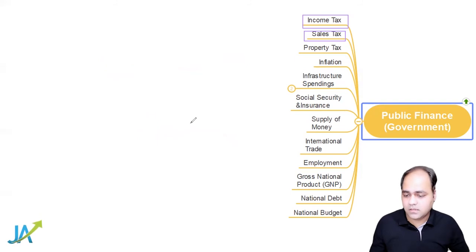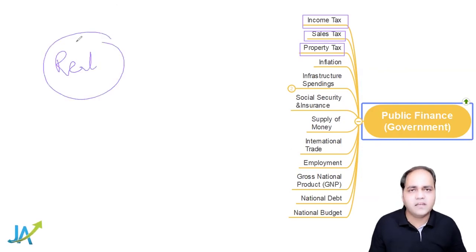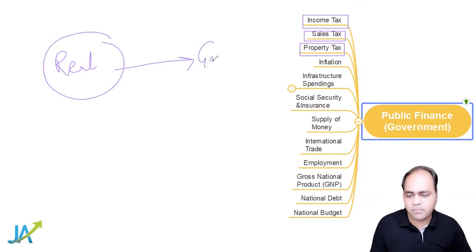Now let's go ahead and talk about the property tax. This property tax is basically a fee which is paid by the owner of any real estate to the government. Real estate is usually called property in India, and if you are in possession of it, then you will have to pay some amount to the government, which is called the property tax.